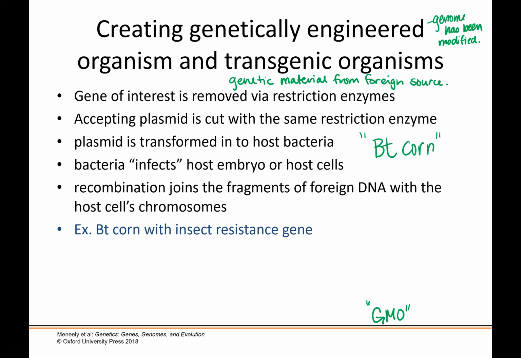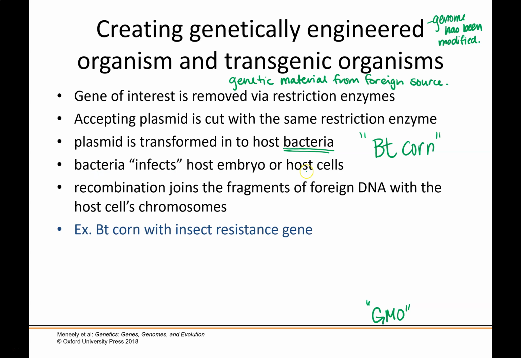So let's say we want to make this pest resistant corn. We're going to allow that bacteria that we have transformed to infect the host cell, to infect the embryos of this corn, the baby corn, so that all of the cells in this corn produce this pesticide resistant crystal.